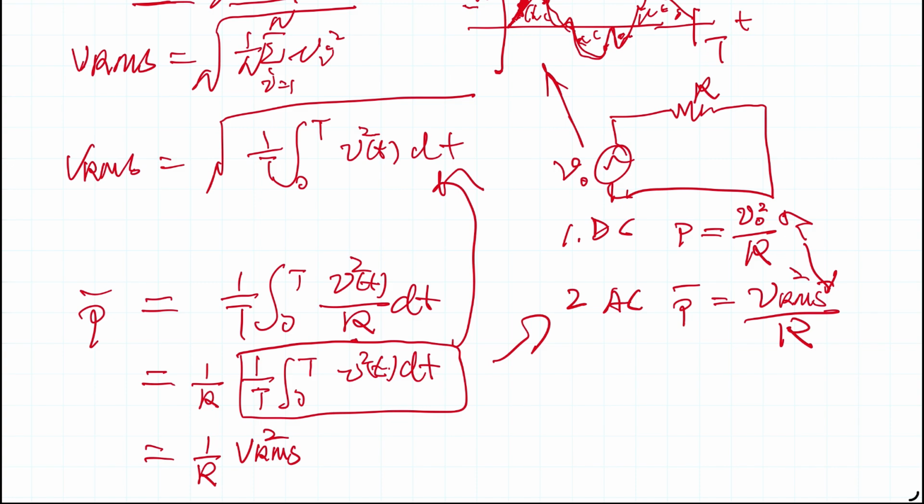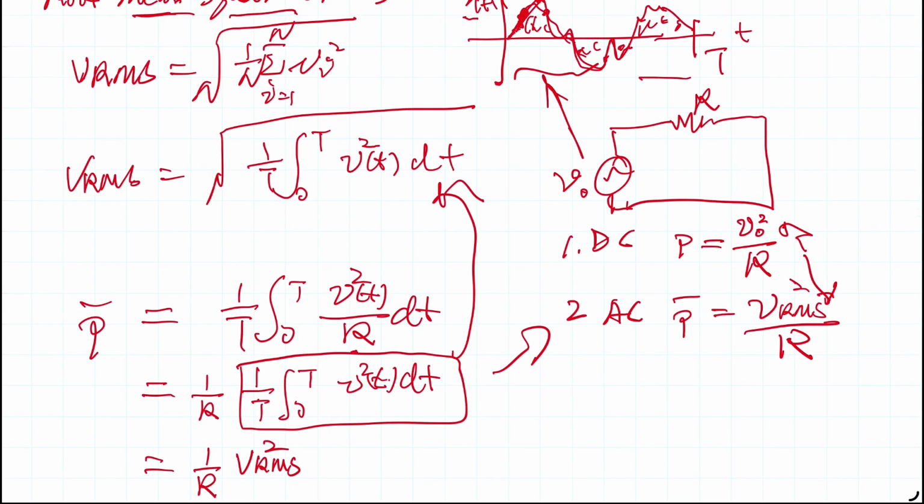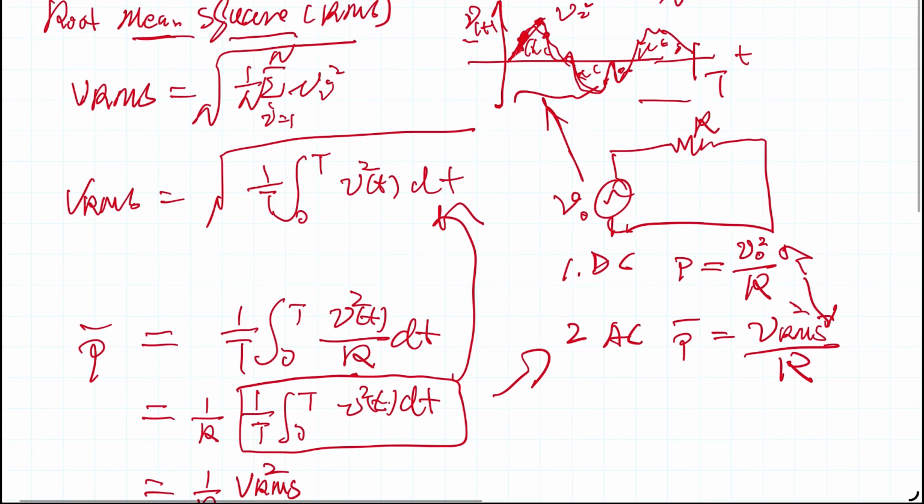That means even if the voltage signal looks very complicated and irregular, as long as we know the RMS value of these AC signals, we can just use all the familiar formulas we know for DC signal processing, like power and all the other stuff. So that's why RMS is so critical here.